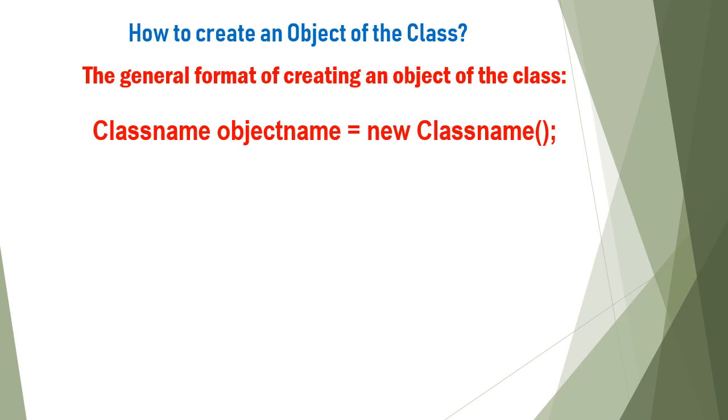Now we learn how to create an object of the class. What is the statement for creating an object of the class? In Java, the general format is: class name, object name equals new class name.